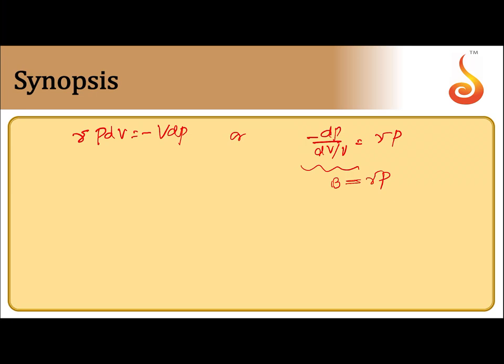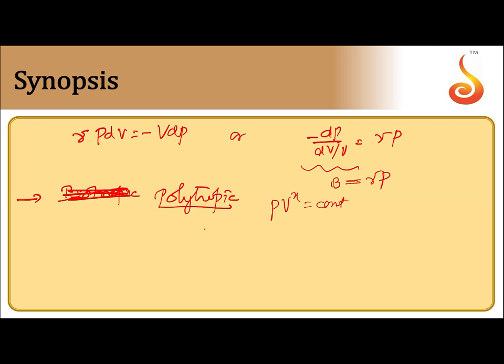They deal with this concept. Suppose I consider a polytropic process. For any polytropic process, PV to the power of x is constant.